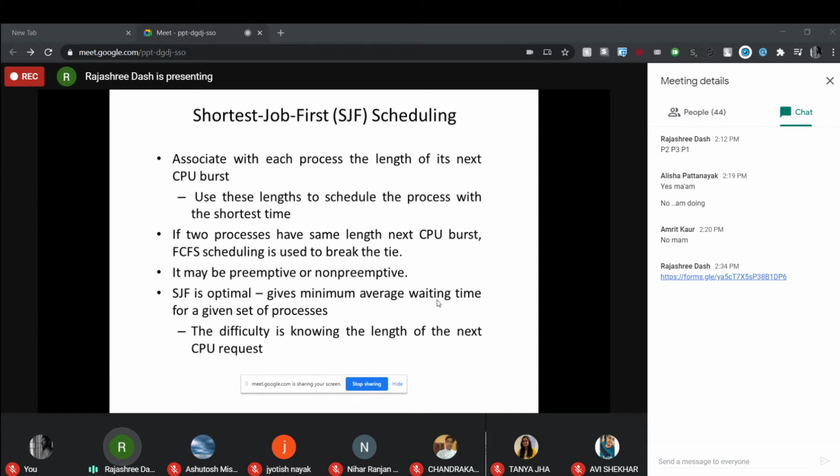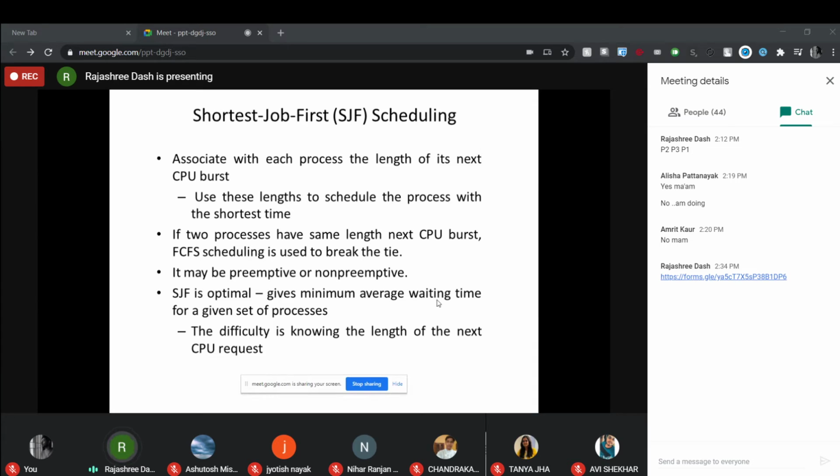If nothing is specified, by default you have to assume non-preemptive SJF, because preemptive SJF is also known as the shortest remaining time first algorithm, or SRTF. First we are going to discuss the features of non-preemptive SJF.